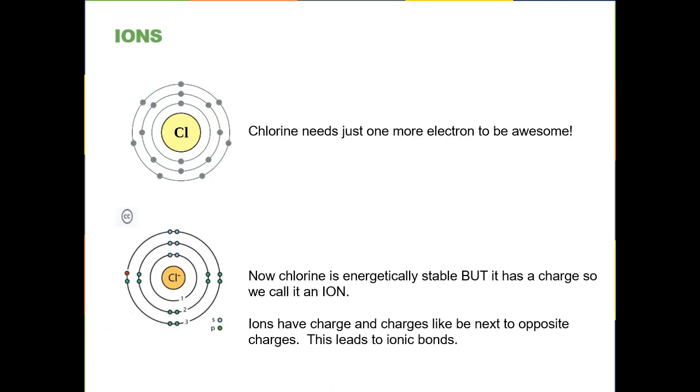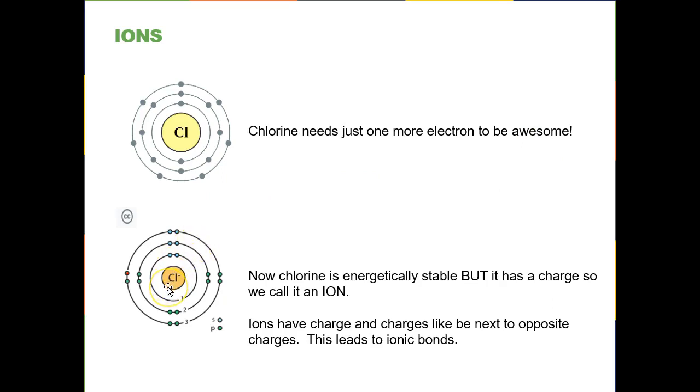Next up is ions, which is going to lead to ionic bonds. So chlorine in its atomic state has 7 electrons in its outer energy shell. It just needs to pick up one more to be energetically stable. So what it does is it just finds an electron floating around in the world. It fills its outer energy shell.